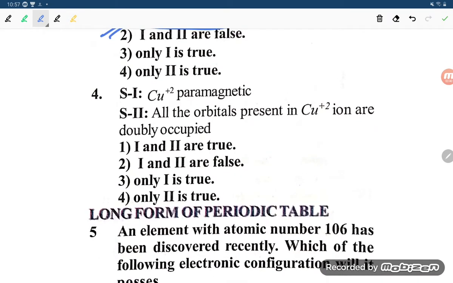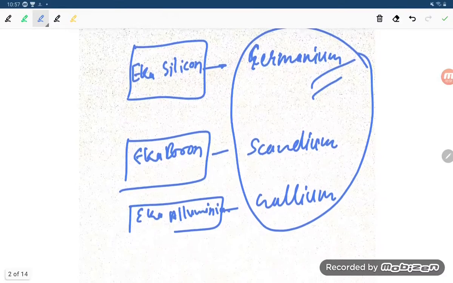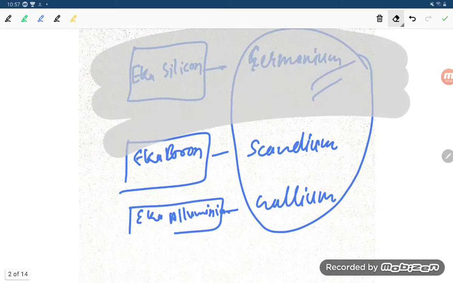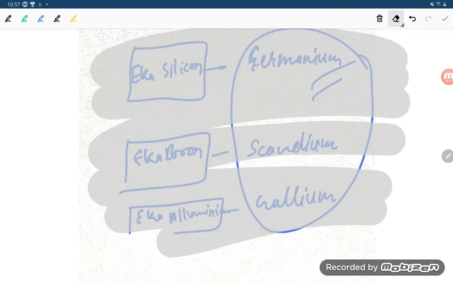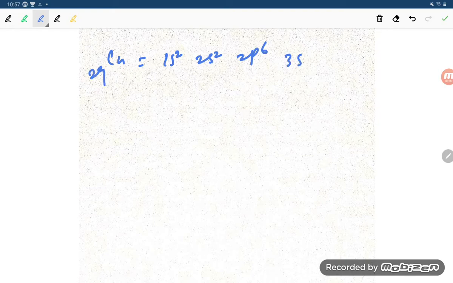Next one, the statements given: 1, Cu2+ is paramagnetic; 2, all the orbitals present in the Cu2+ ion are doubly occupied. Doubly occupied means paired. Let us try to solve this problem, student. It is quite a good problem. First of all, try to understand the copper configuration: 1s2, 2s2, 2p6, 3s2, 3p6, 3d, 4s. Copper has atomic number 29 and an exceptional configuration, 4s1 3d10.